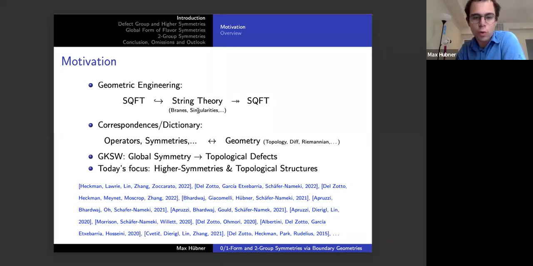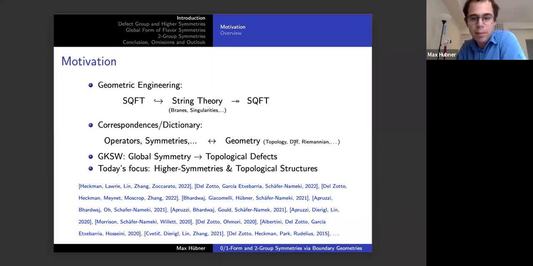Crucial to this whole set of ideas is the geometric engineering dictionary, which tells us how exactly the field theory is parameterized by geometry. On the geometry side of this dictionary, everything is organized by geometric structures. On the first page we might have some topology, on the second some differential geometry, on the third Riemannian, and so on.